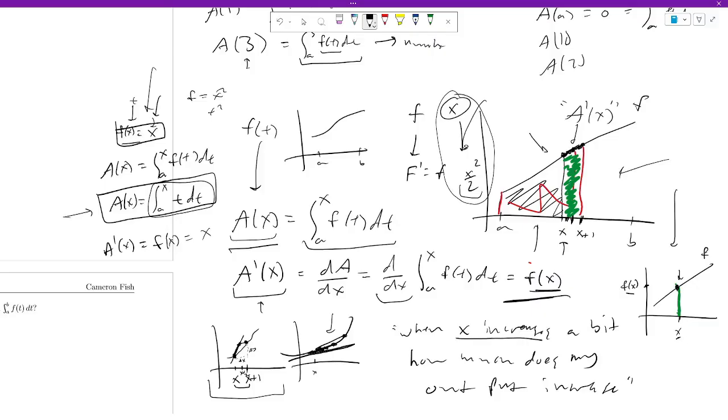If I know that on one hand the antiderivative of this guy x is supposed to be x squared over 2, but on the other hand I know that the antiderivative is supposed to be this integral, then that gives me a connection between this process of turning x into x squared over 2 and evaluating this integral.